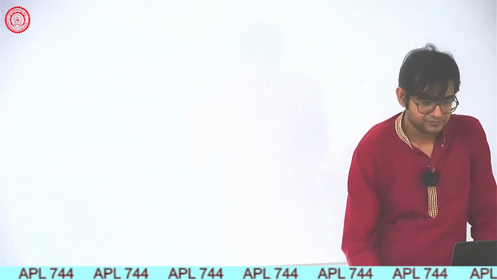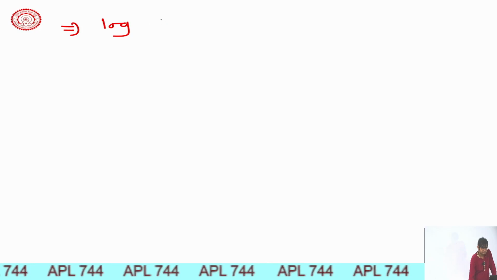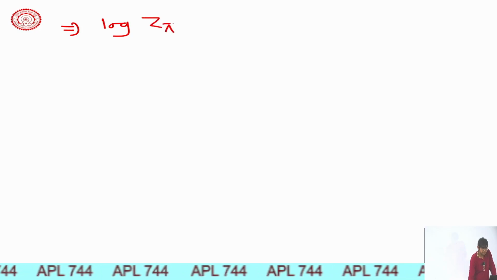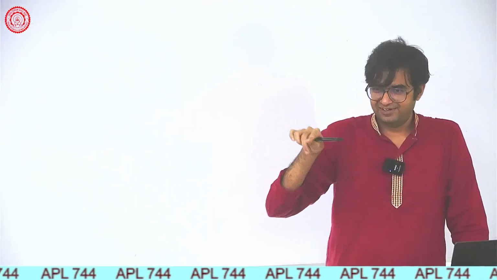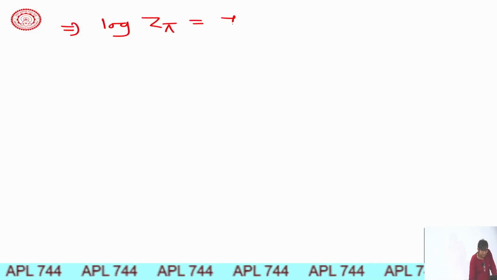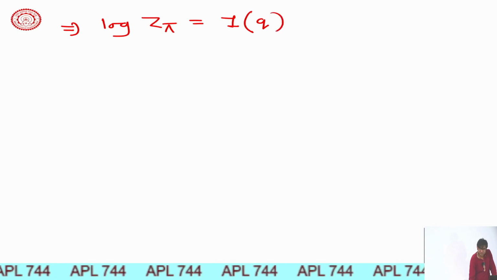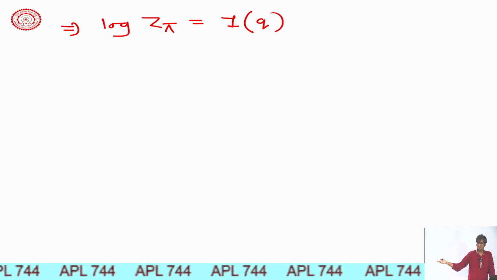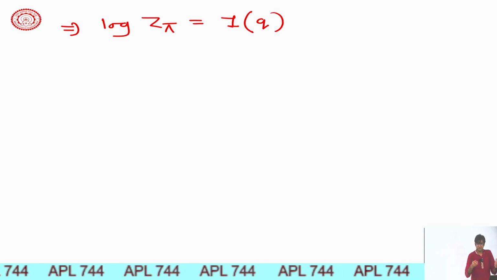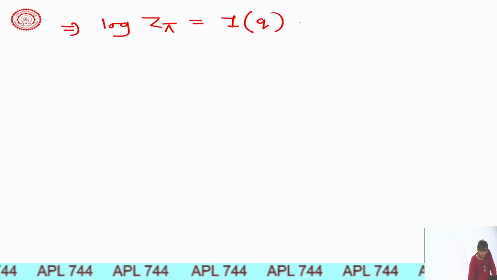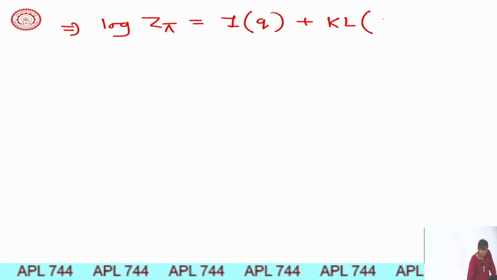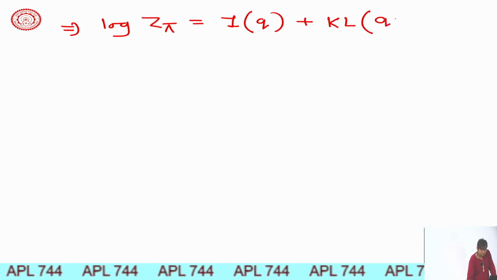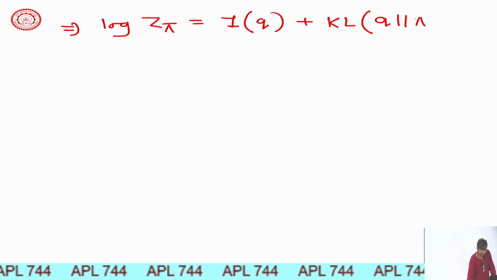So finally, this implies log of z pi is equal to that minus of KL, the first term, I am going to call it L of q, because q is what is allowed to change in this case, theta anyways is the range, plus KL q and pi.